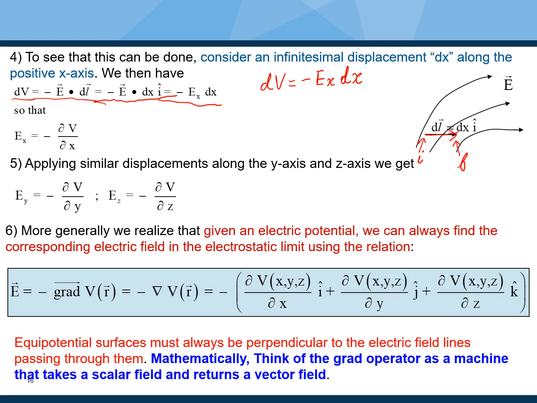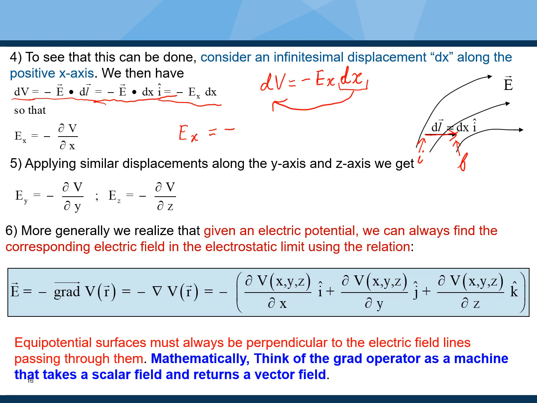Now go ahead and realize that we can take this dx and bring it over to the other side in the denominator. So we obtain Ex is equal to minus dV by dx. And we can actually prettify this formula that we've obtained by realizing that we could make a displacement in the x direction or in the y direction or in the z direction.